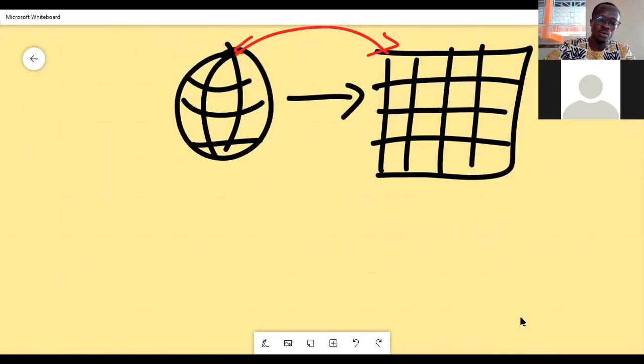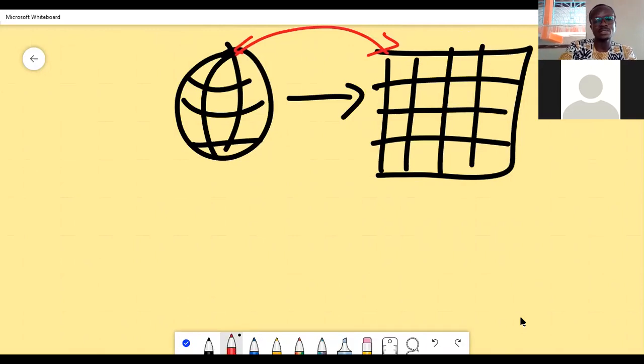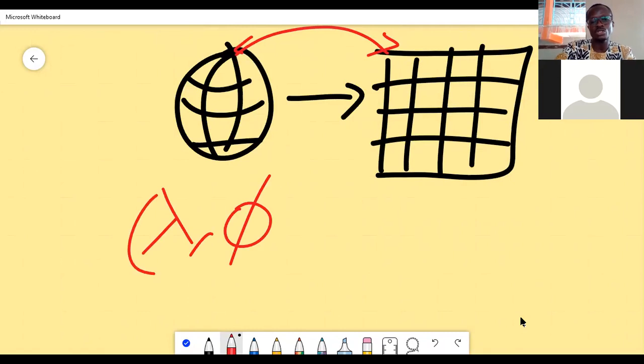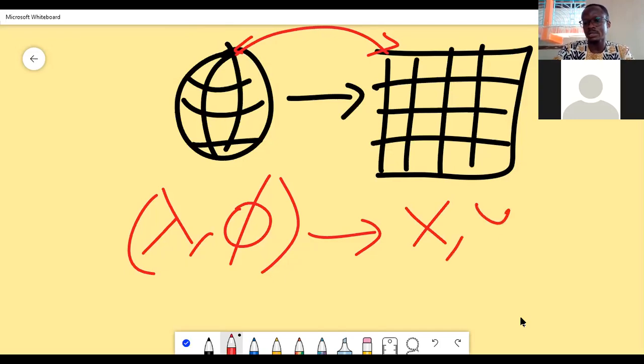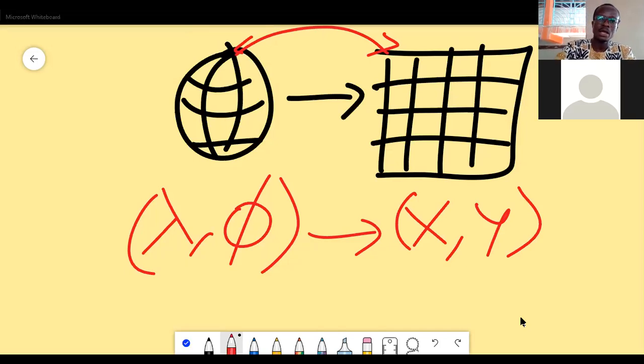So what are we doing with projection? Let me put this down: as we try to project from longitude and latitude to more of a Cartesian coordinate system, we are having lambda and phi being converted to x, y. Mathematically, we can write x, y as a function of lambda and phi.